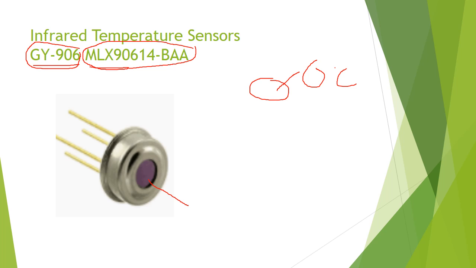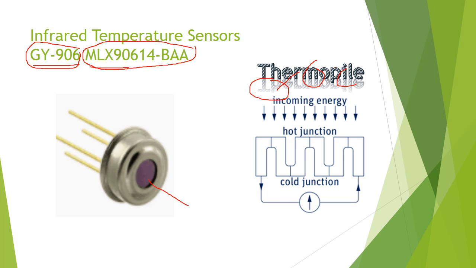That equipment is called a thermopile. A thermopile is a device that converts this infrared signal into electricity. So this is your incoming infrared signal, and there are two parts, a hot junction and a cold junction, and the difference between those two produces an electrical signal. So it acts as a transducer.